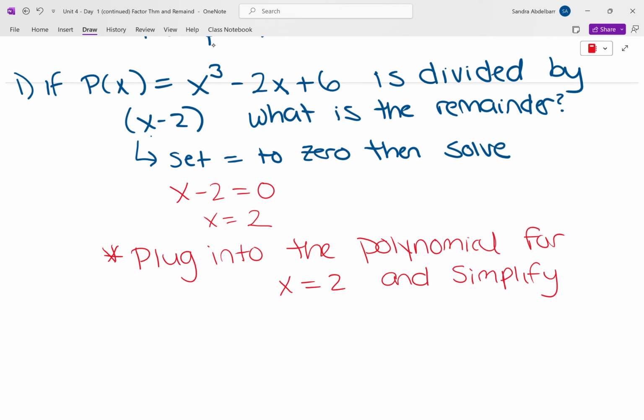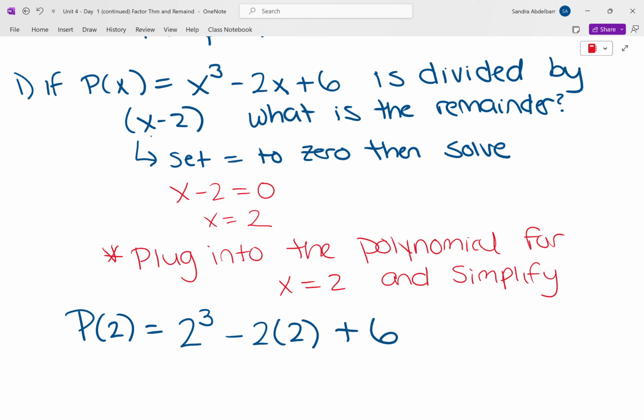So this means I'm going to now figure out what p of 2 is. So I'm going to say, well, p of 2 is going to be 2 cubed minus 2 times 2 plus 6. So I took what was going to get divided. I took the divisor, I set it equal to 0 and solved for x, and then I took whatever that x equaled and I went back to the original polynomial and plugged in for x.